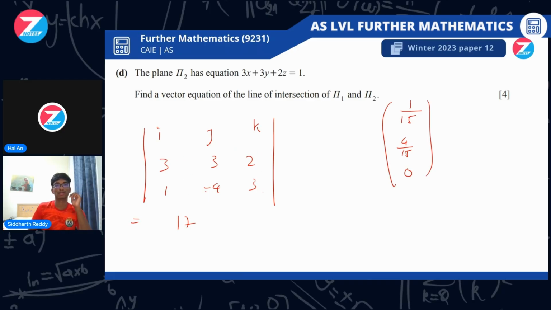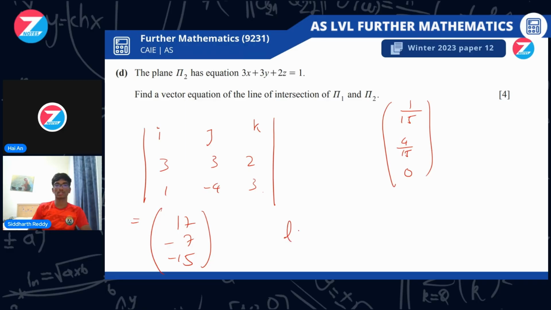That's going to be 9 minus 2, that's 7. Don't forget the minus when putting the j's, it's going to be a minus 7. So k, and for the last row, we got 3 into minus 4, minus 3. So that's minus 12 minus 3, that's minus 15. So that's our direction vector.